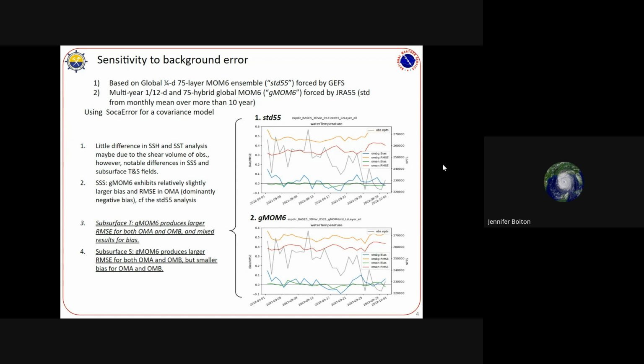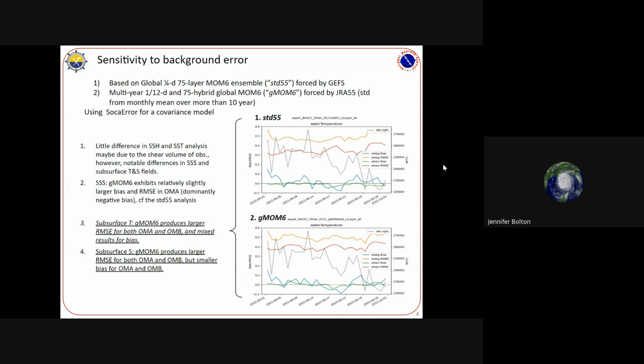And then the figure on the right shows the subsurface temperature stats for analysis in darker red for RMSE and the bias in the blue. And then the background, observation minus background, is in orange for RMSE, and then the bias is, I'm sorry, I flipped it.